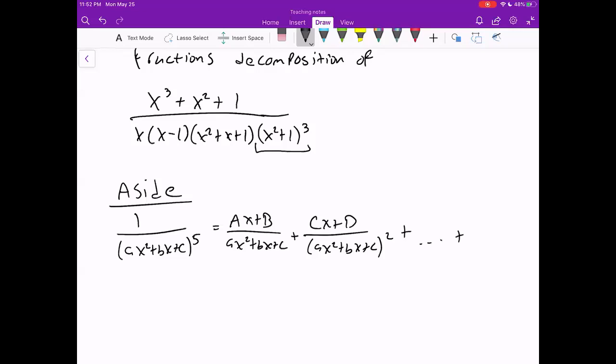I don't know which letters of the alphabet we'll be on, let's assume it's gx plus h over ax squared plus bx plus c to the 5th. So that'll be the form of the partial fractions.